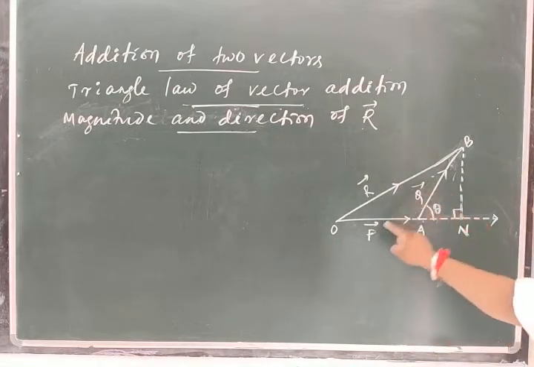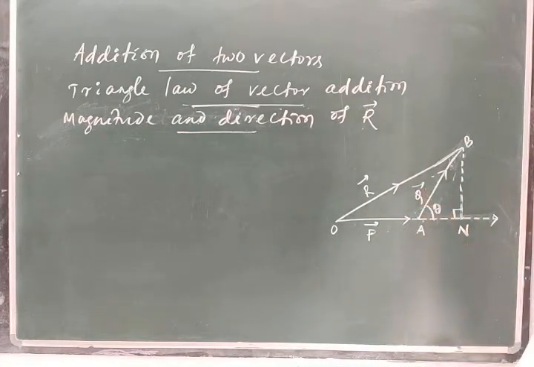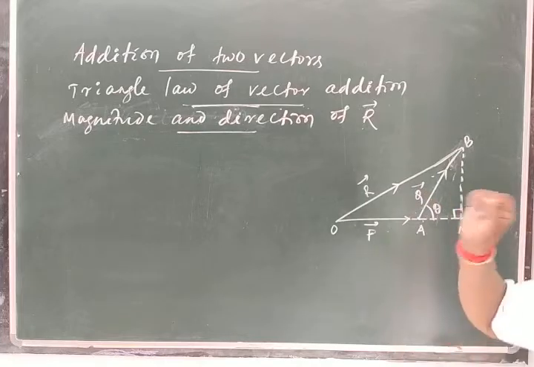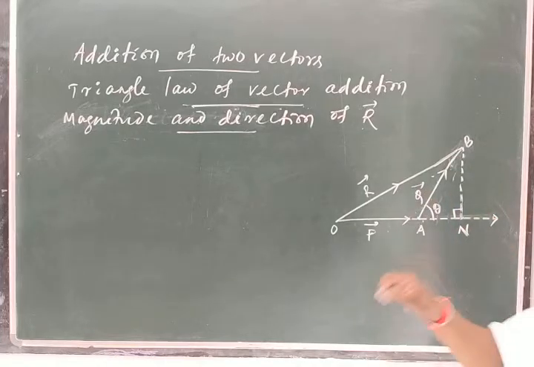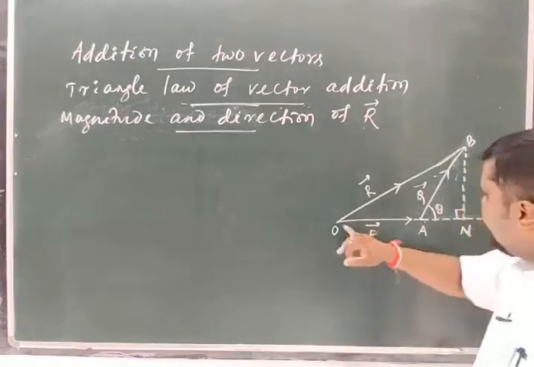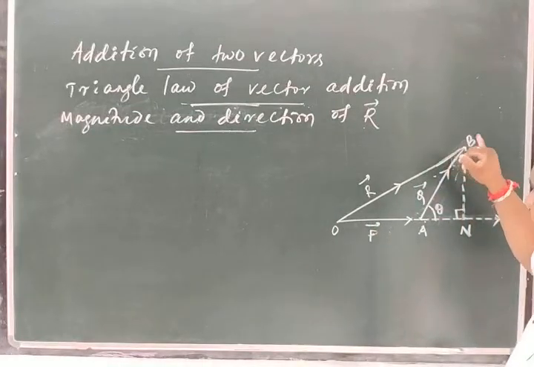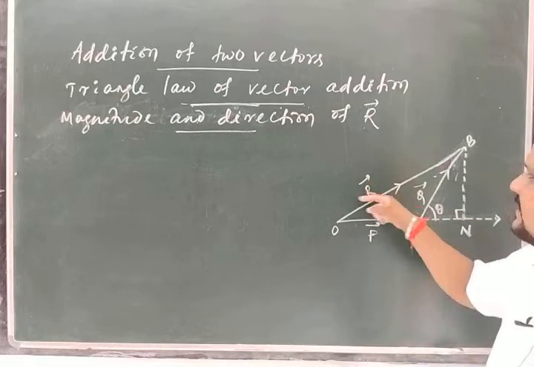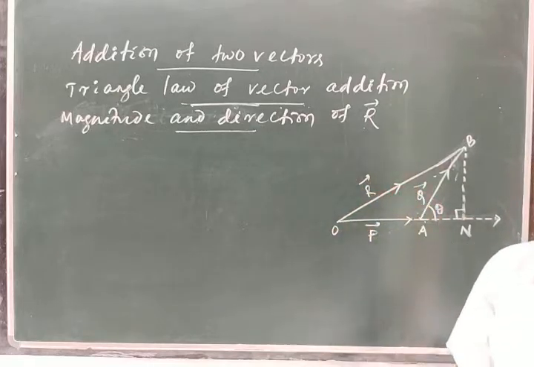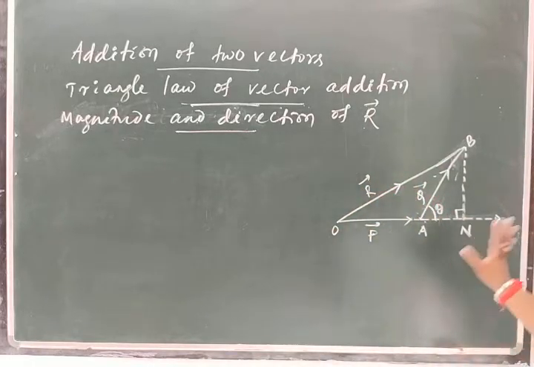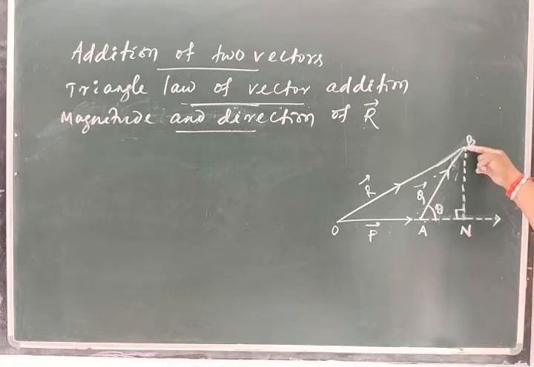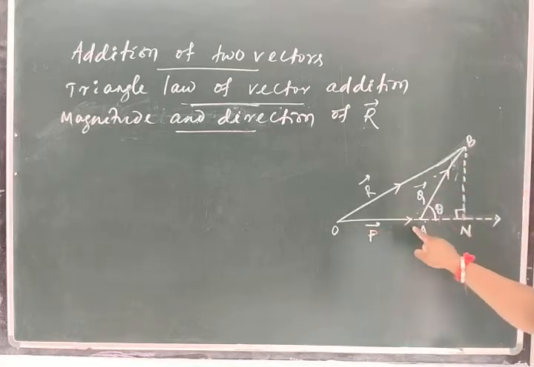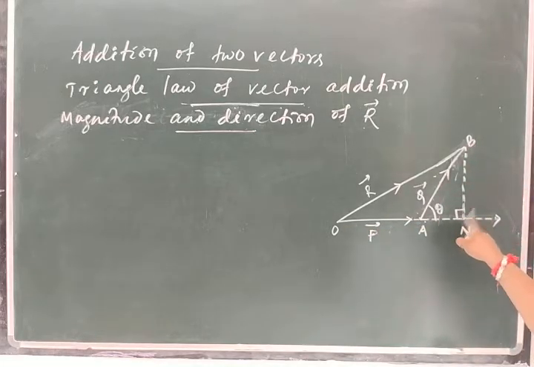Theta is the angle between P and Q. Then according to the triangle law of vector addition, the resultant is represented by the side OB taken in the opposite order, which is equal to the vector R. Clear? And draw a perpendicular from B on OA extended that meets at N.